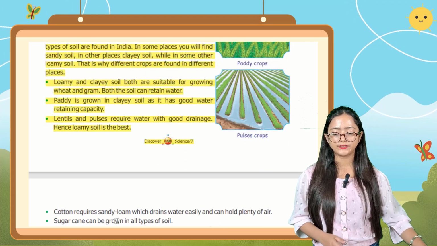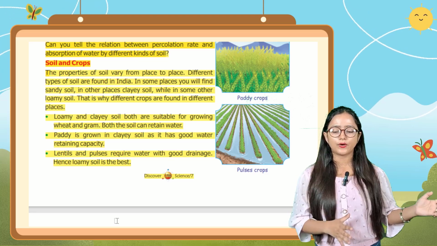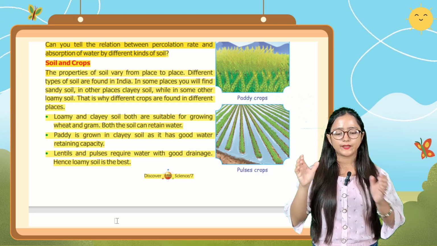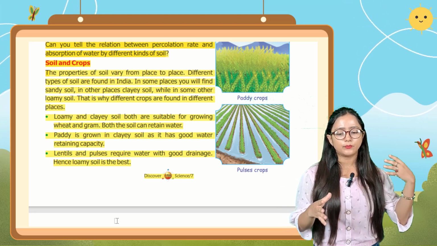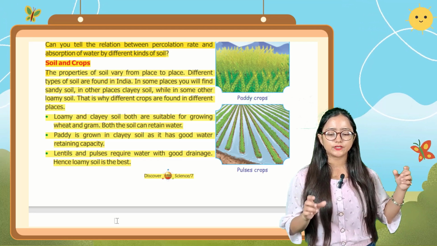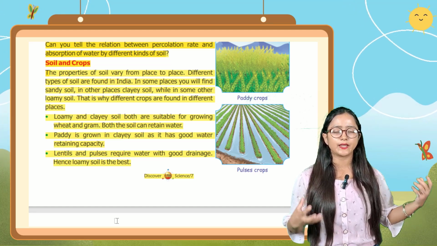So in these points, you just saw that loamy and clay soil are both suitable for growing wheat and gram because both soils can retain water. Okay. Next is the paddy, which is grown in clay soil as it has good water retention capacity.